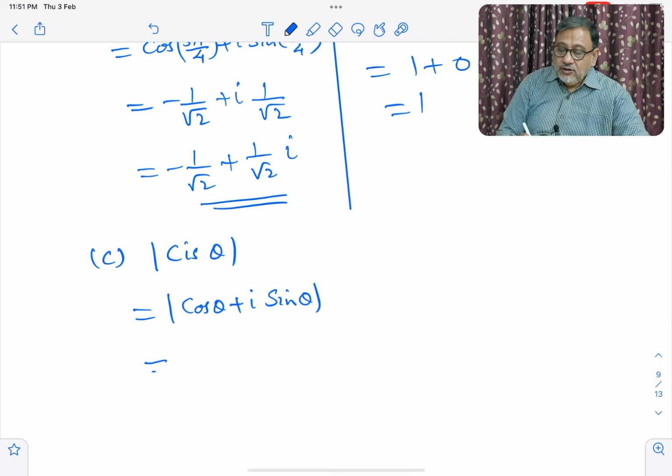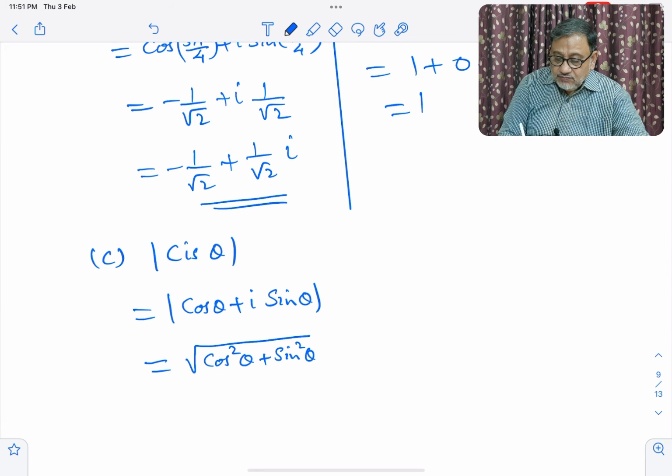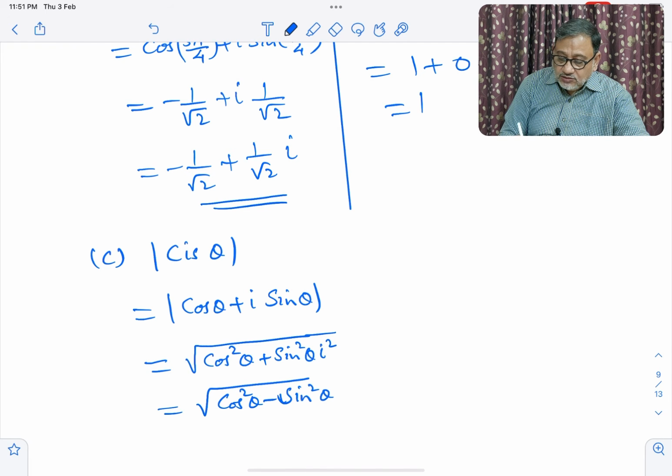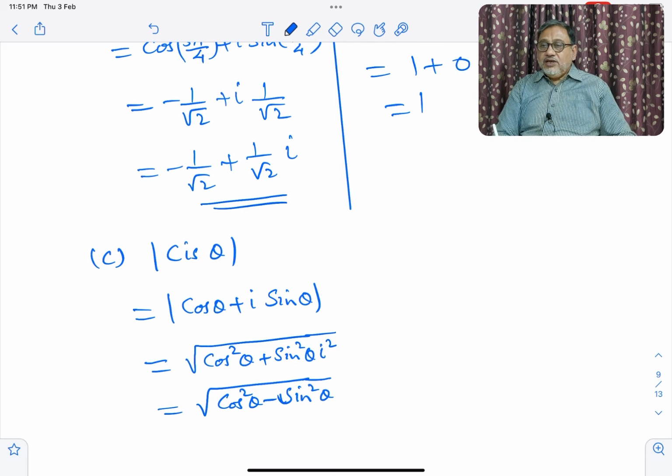And then cos theta plus I sin theta in the modulus form gives you cos square theta plus sin square theta. Okay, and I square also, because there is I also. So it gives you cos square theta minus sin square theta, because I square becomes negative. Now cos square theta minus sin square theta will be what?